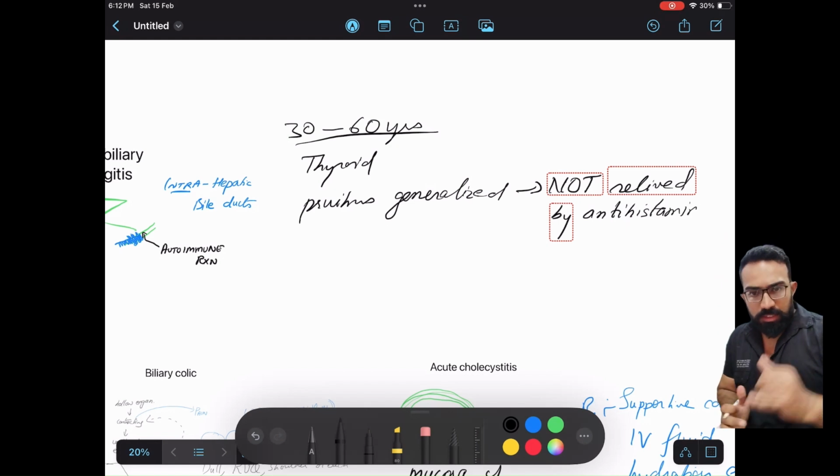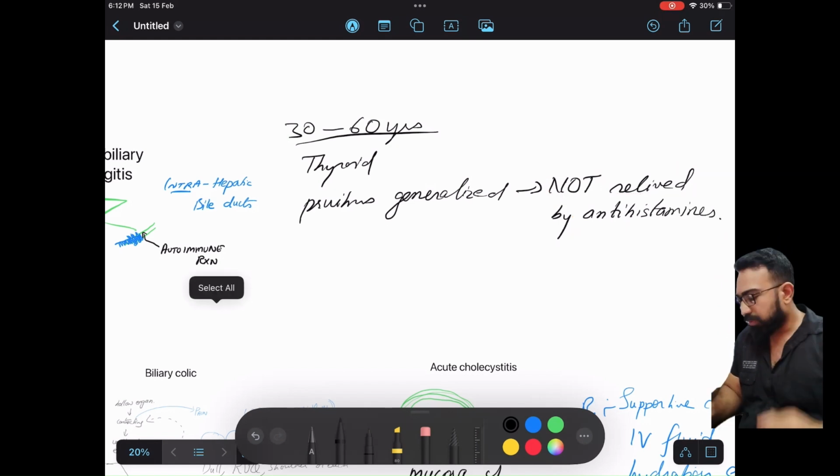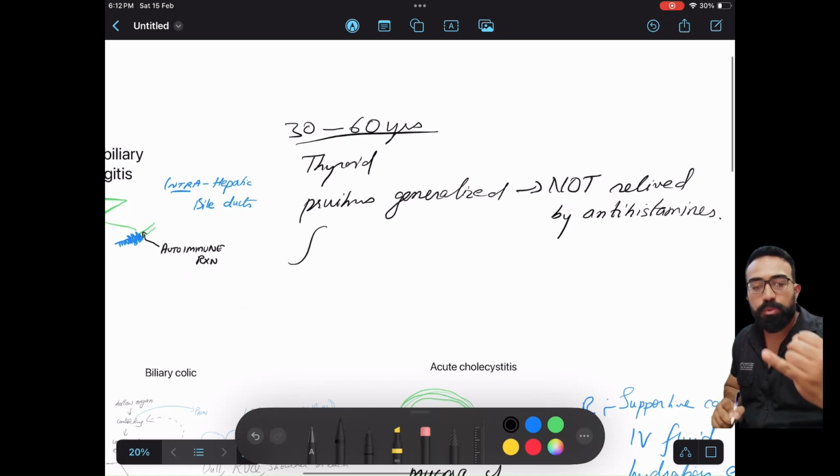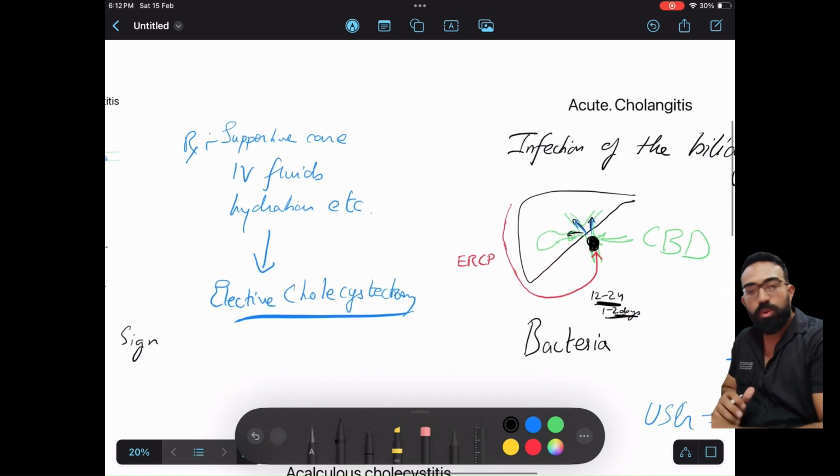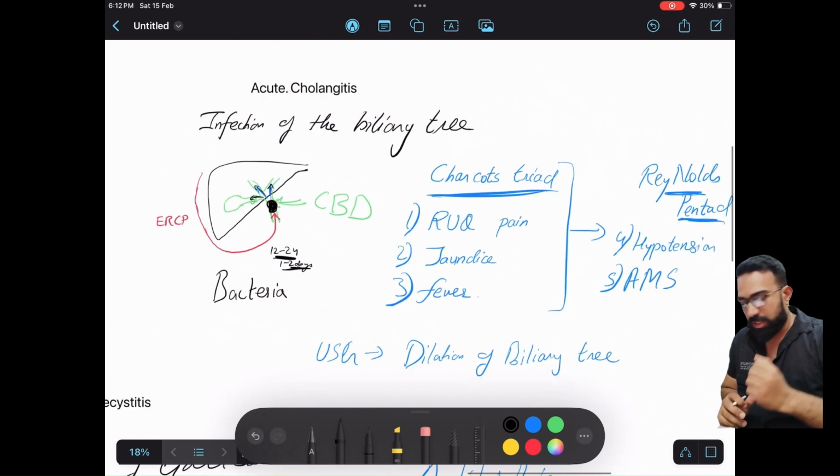Okay, she has pruritus, she has fatigue. Along with pruritus, fatigue, and other autoimmune problems, she has everything else which you see in acute cholangitis, like she also has jaundice.